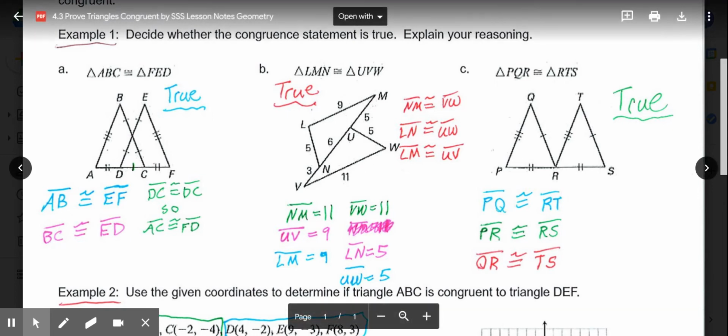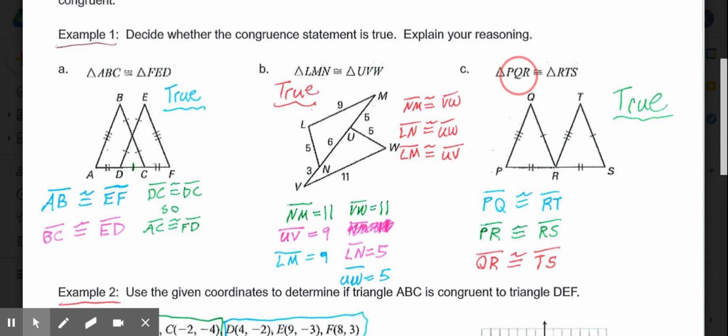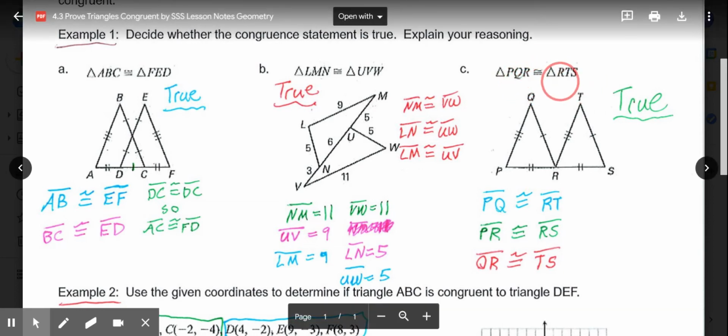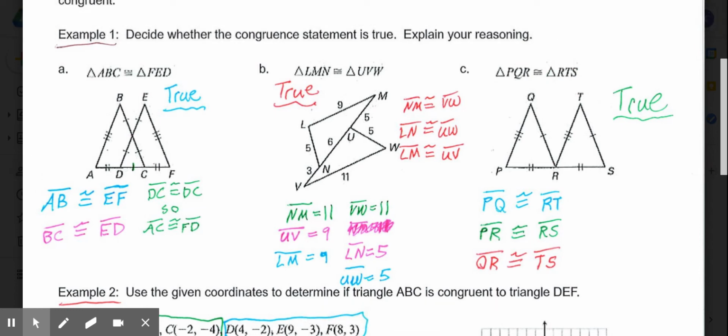And then our last one, part C, triangle PQR congruent to triangle RTS. So that means PQ would correspond with side RT, QR would correspond with side TS, and then R to P would correspond with S to R. So let's check those.